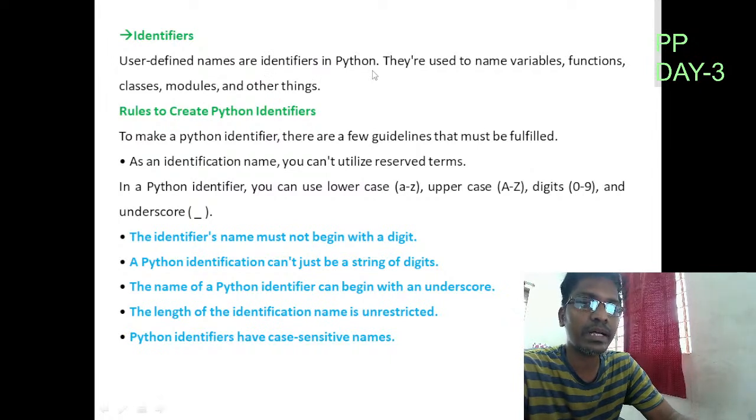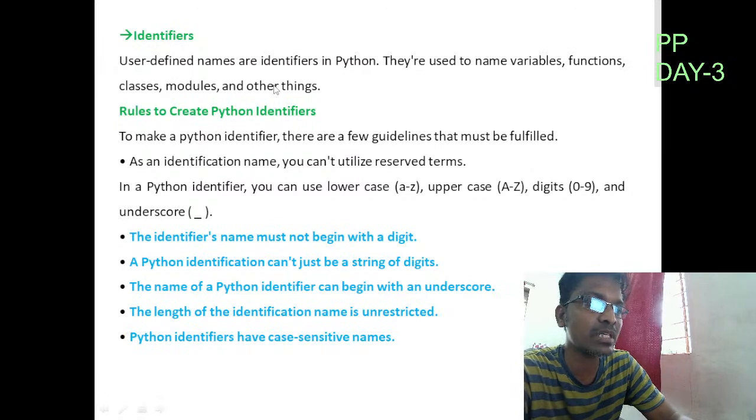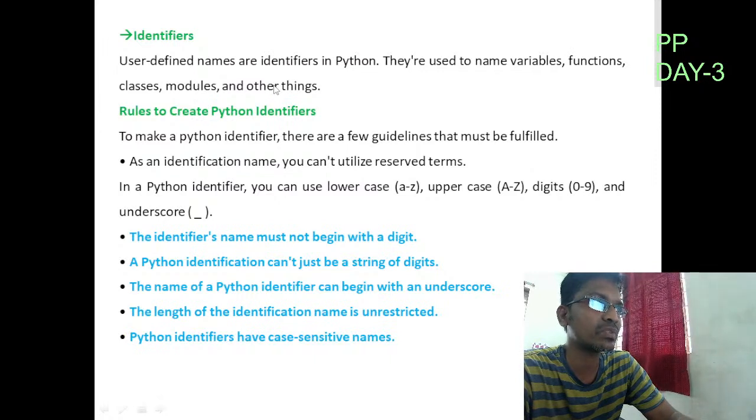They may be variables, functions, classes, modules and all. All of these we declare using user defined names. So the identifier names are user defined names.